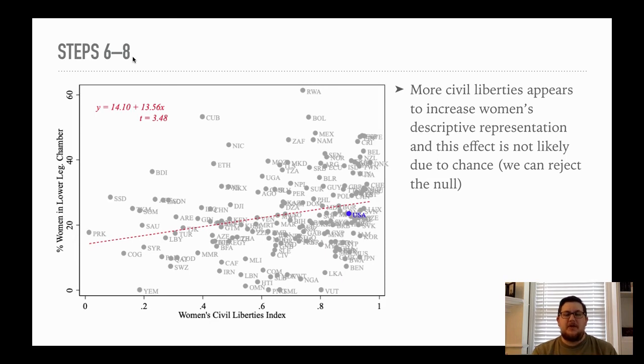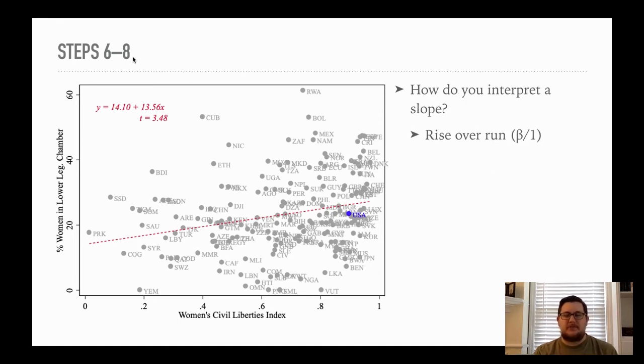What does this mean? Well, we can interpret this as saying more civil liberties for women appears to increase their descriptive representation, and this effect is not likely due to chance. That is, we can reject the null. Okay? But how do we interpret that actual beta, that 13.56? Think back to what a slope is.